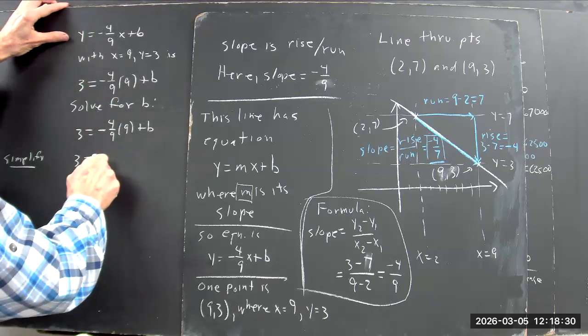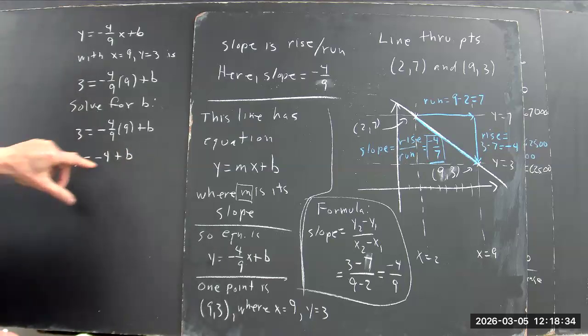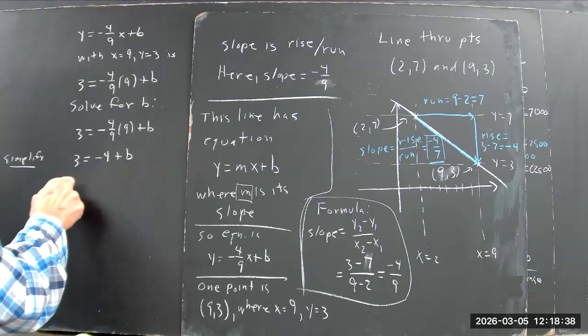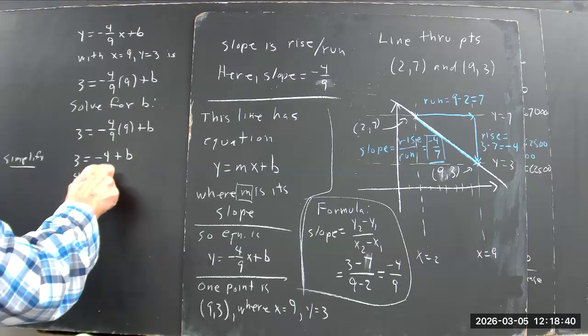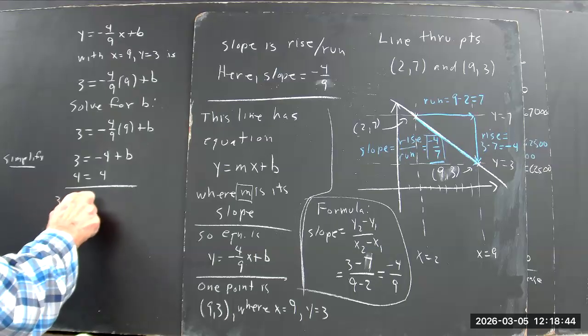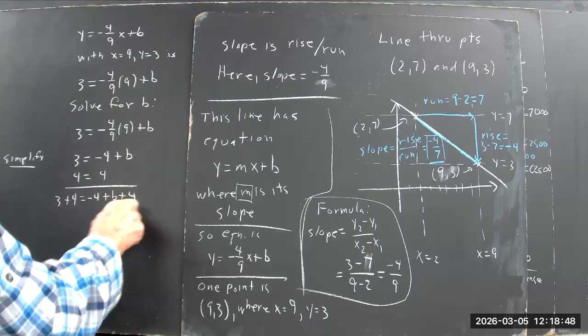The 9s divide out and you just end up with negative 4. 3 equals negative 4 plus b. And then we add 4 equals 4, giving us 3 plus 4 equals negative 4 plus b plus 4.